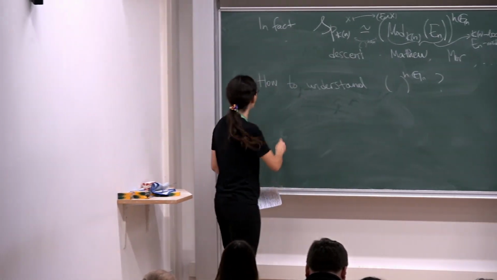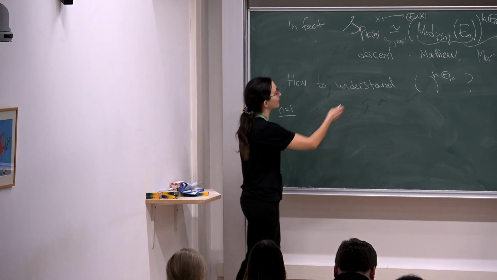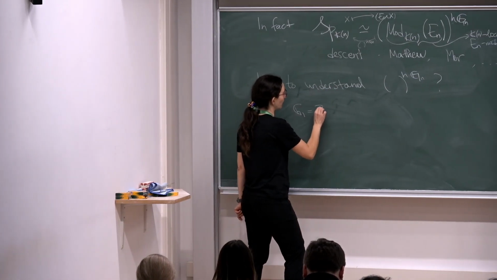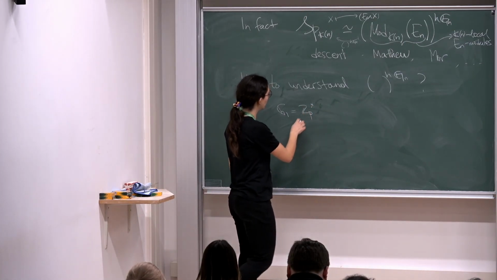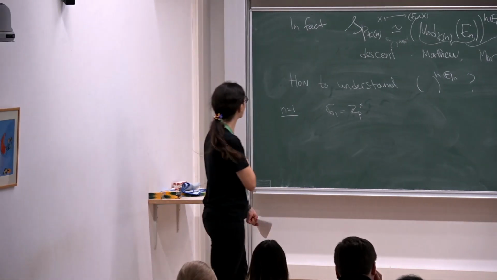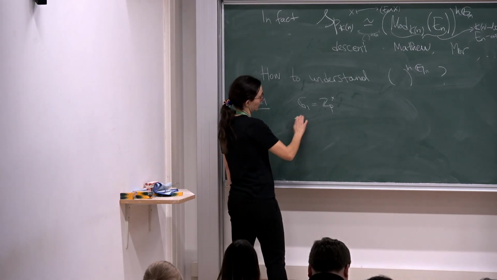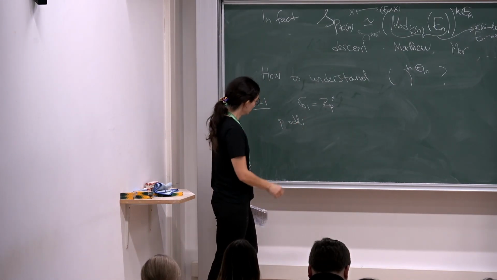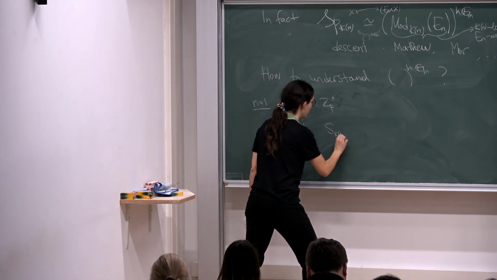Okay, when n is 1, we've seen that G_1 is Z_p cross. When p is odd, this is a topologically cyclic group. Let's just write it for the K_1 local sphere.